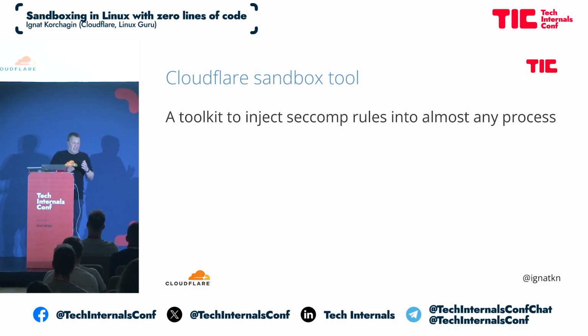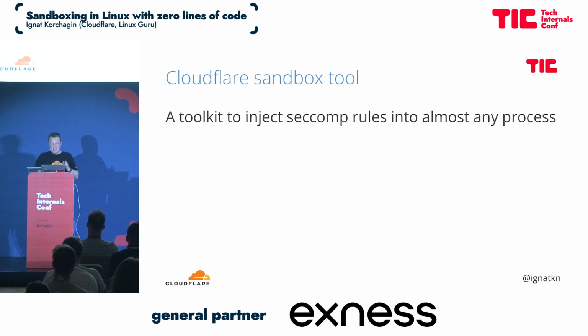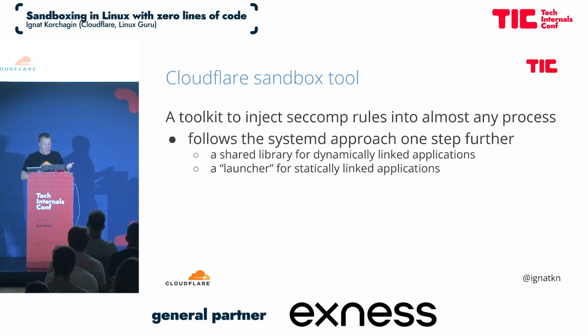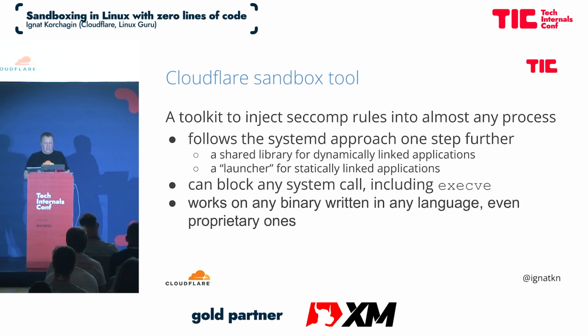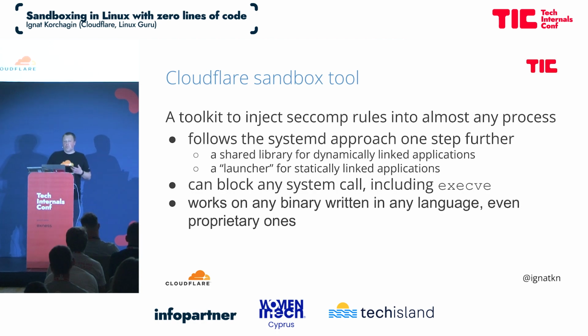Basically, it follows the systemd approach, but takes it one step further. It consists of two parts. One is a shared library for dynamically linked applications, and another is a launcher for statically linked applications. The nice thing about it is that now it can block any system call, including execve. It works on any binary written in any language, even proprietary ones.